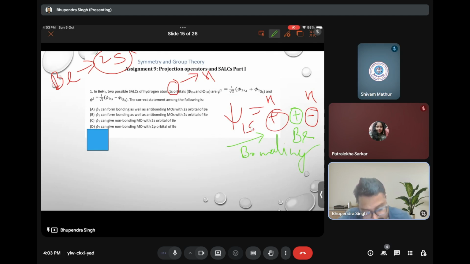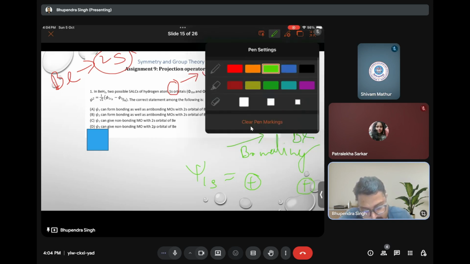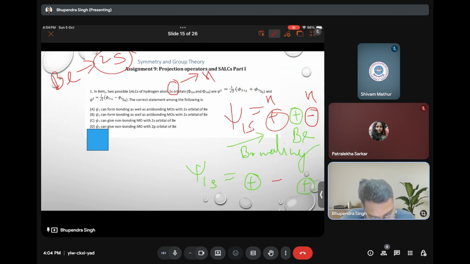If this is the situation, then let's say this is plus and plus, and your beryllium is minus Be, so this will be your anti-bonding molecular orbital.